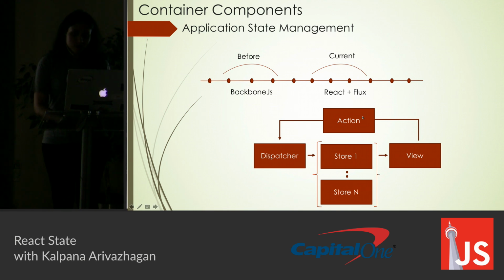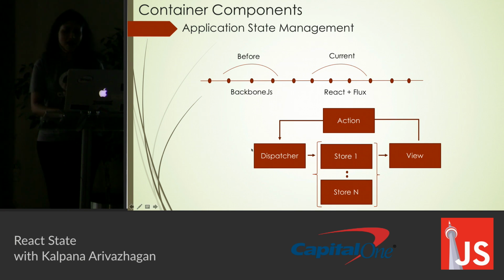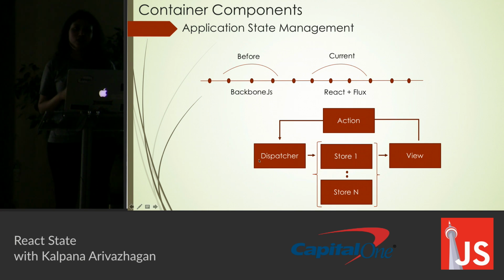We're going to get started with action. So what is an action? An action is a simple object with a type attribute. And an action typically conveys what the user intent is. And the dispatcher is a simple mechanism by which we let the stores know that an action is pending, and you have to somehow update yourself so that the state can be mutated. And what is a store?